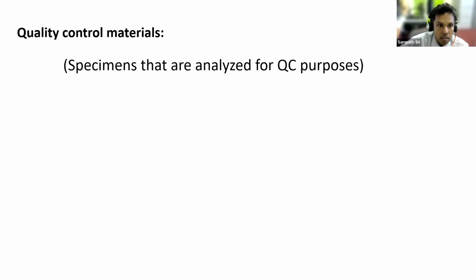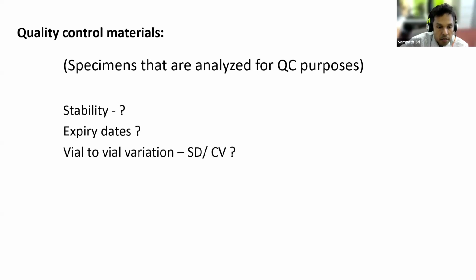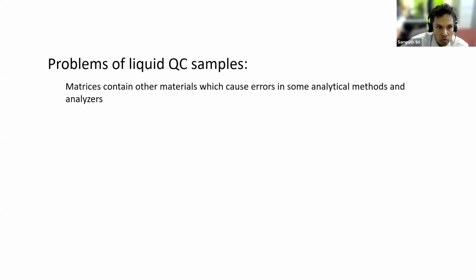QC materials are usually the specimens that are analyzed for QC purposes. So they have different stability, they have different expiry dates, and there are wide variations, and also some of them need preparation. So there are two types of QC materials.